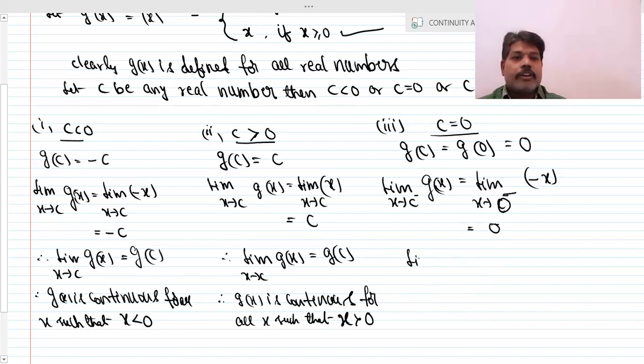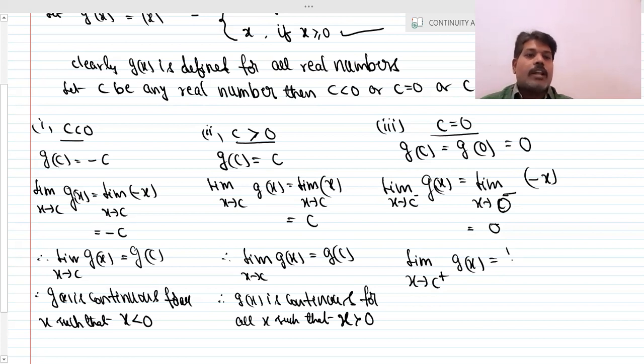What is the right hand limit? The limit as x tends to C plus, that is 0 plus, of g of x. For 0 plus, g of x becomes x only, so if you apply the limit, this value is also 0.